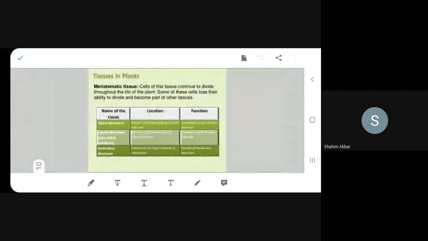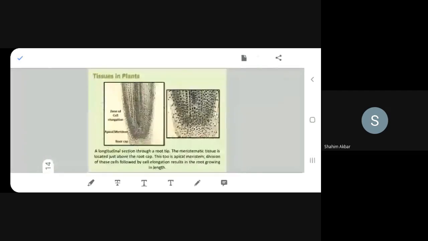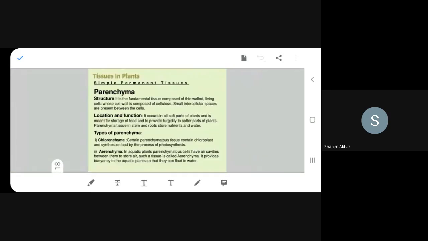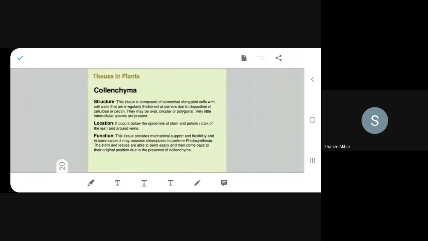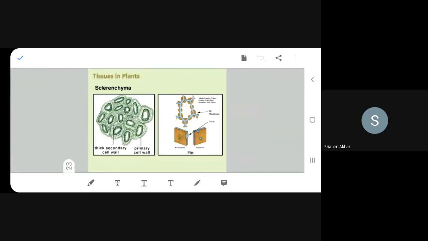Show you the nervous tissue. Can anyone define neuron?